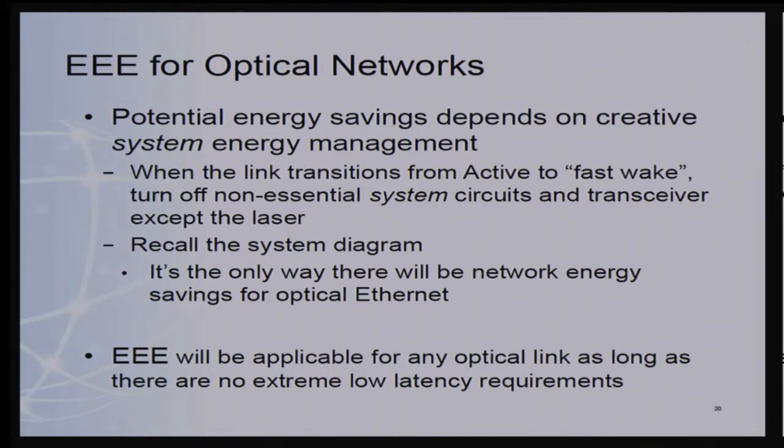So the potential to save energy here exists, but it's going to be essential for the network equipment manufacturers to do something with that fast wake signal. I think it's crucial that that's done. Otherwise, you may save a little bit of energy, but not even as much as you would with the traditional EEE.